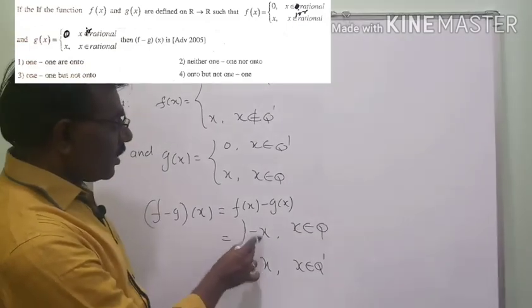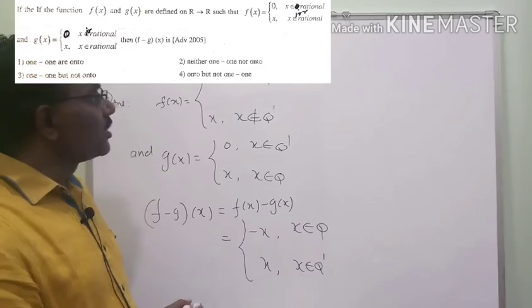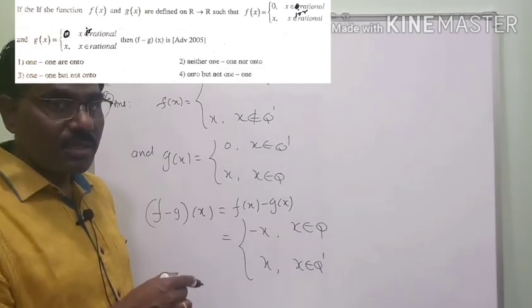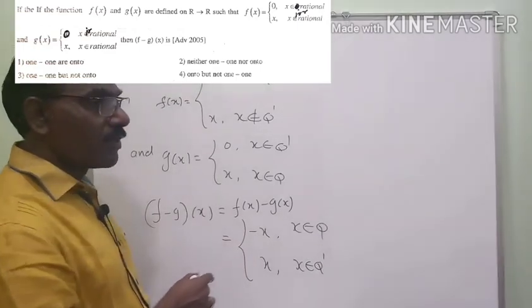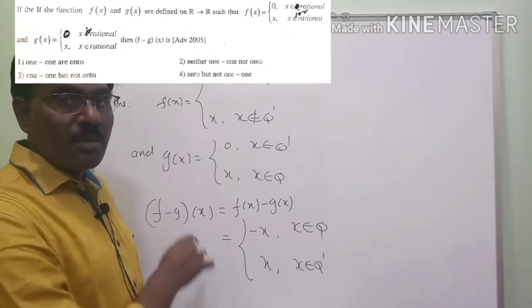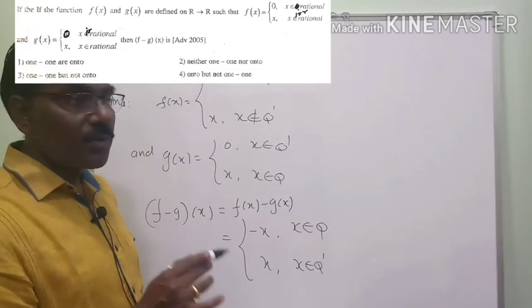So these two are linear functions. Minus x and plus x are linear functions. The mapping f from R to R, I told in the theory class, these two are linear functions, both rational and irrational, mapping R to R. So this is always 1-1 and onto.